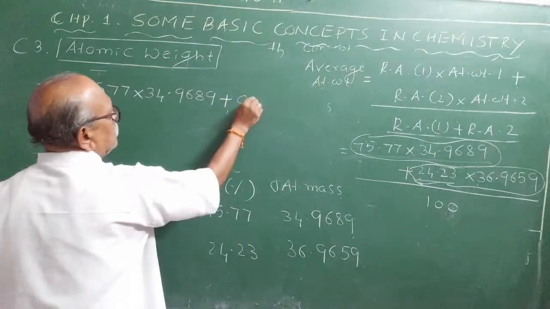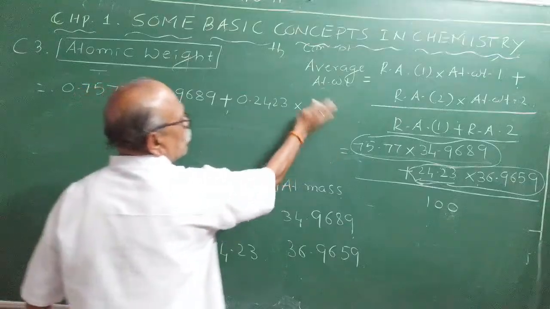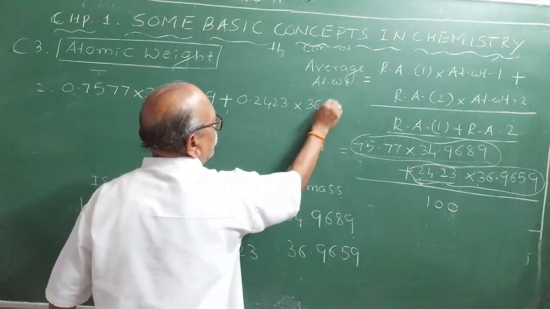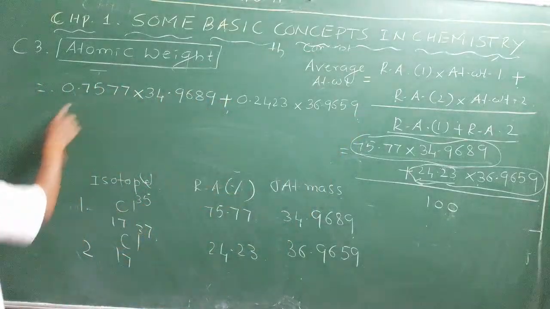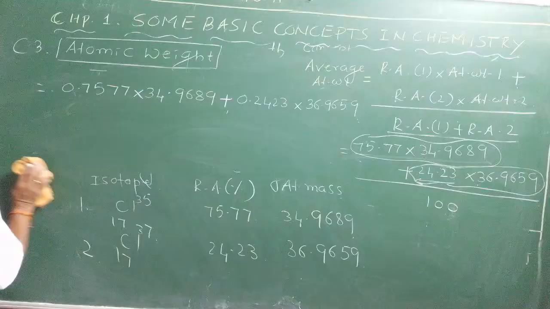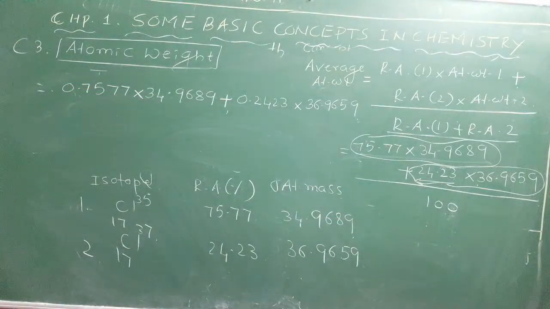This is an NCERT textbook problem: 0.2433 into 36.9659. That 100 is divided here. Now use the calculator. You can get the relative atomic mass.